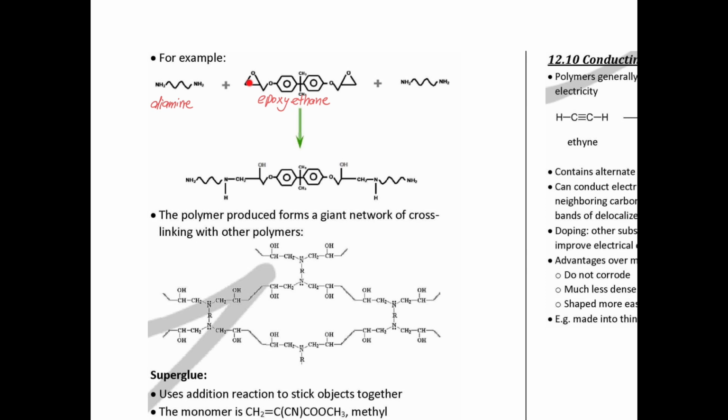So the bond is broken already, which means this oxygen is involved. You can see here oxygen, then go down like this. This part remains. And then after that, this oxygen becomes OH.